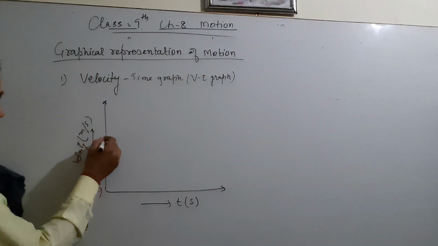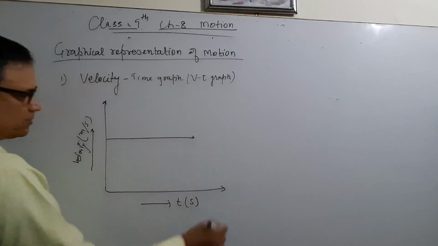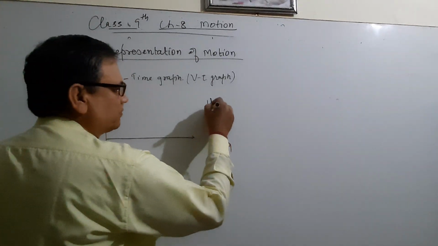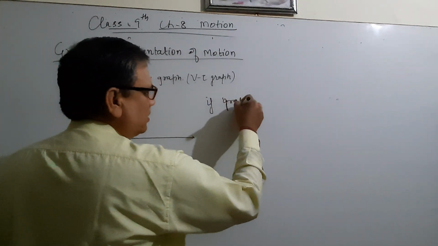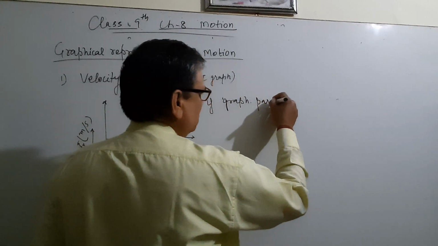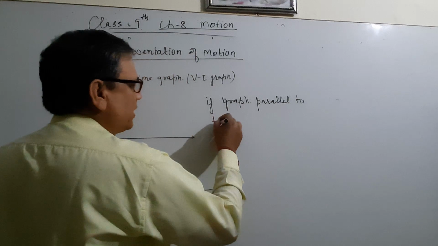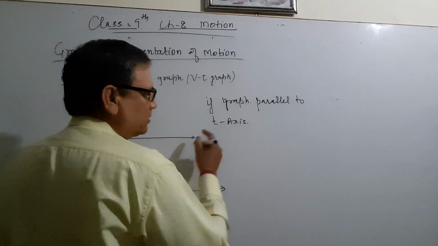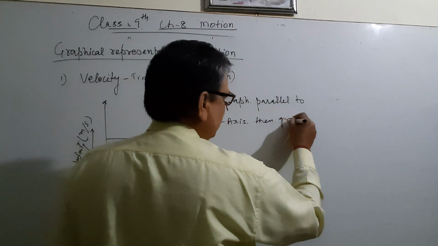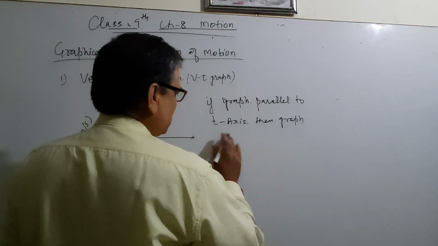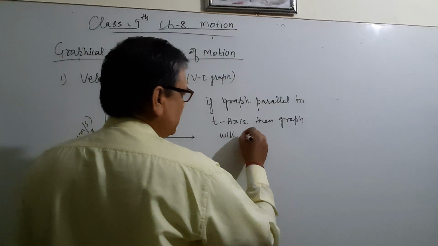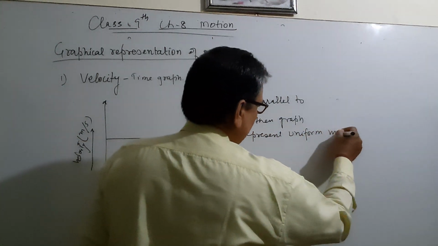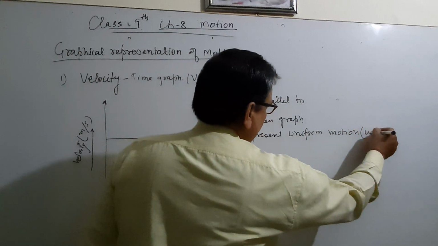In a velocity time graph, if a line is parallel to the time axis, the t-axis or the x-axis, then the graph will represent uniform motion, velocity or speed.